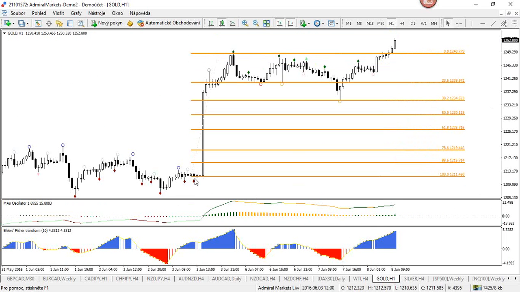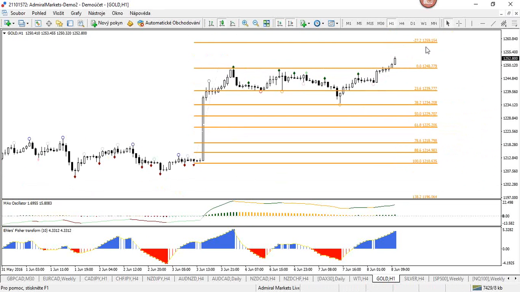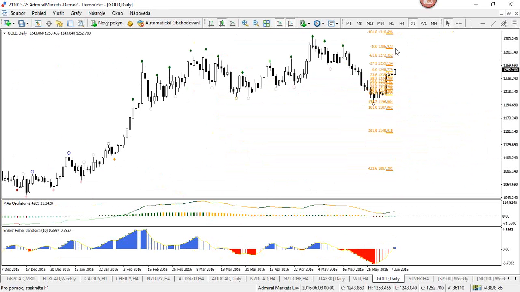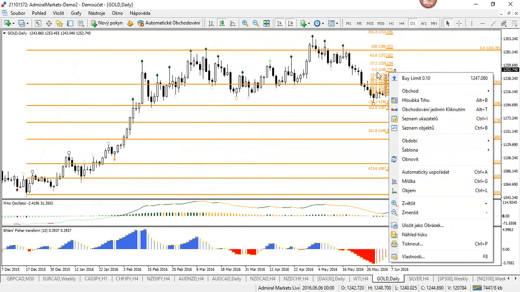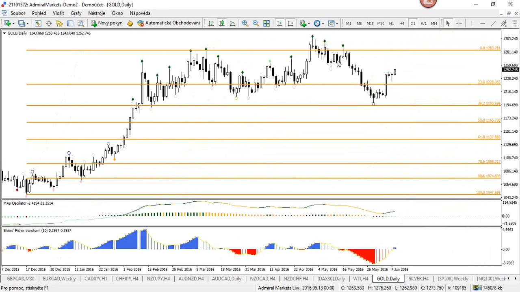The target, if we put a fib on this very impulsive part, for the moment is 1259. From a larger time perspective, it could be even 1272. From a swing perspective, from a long-term perspective, it could be even more. Because on a daily we're still trading towards the green diamonds here, that's indicating uptrend.